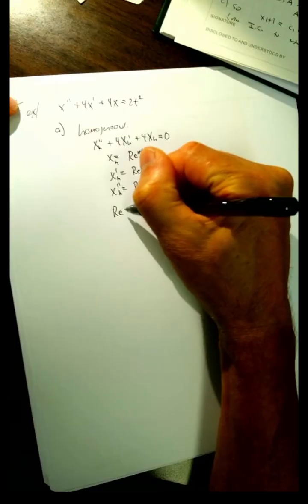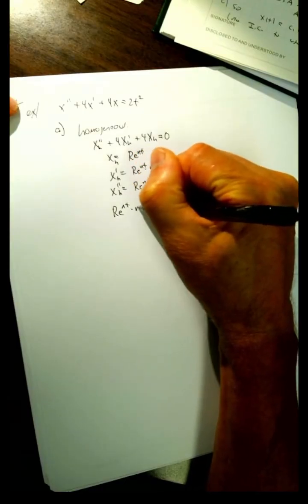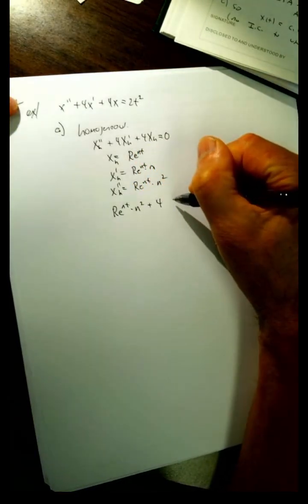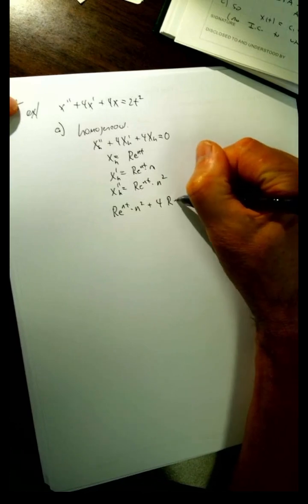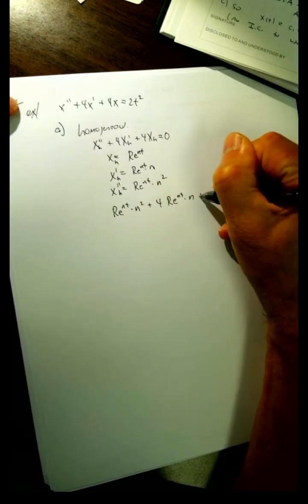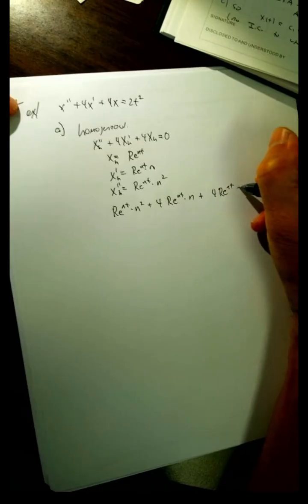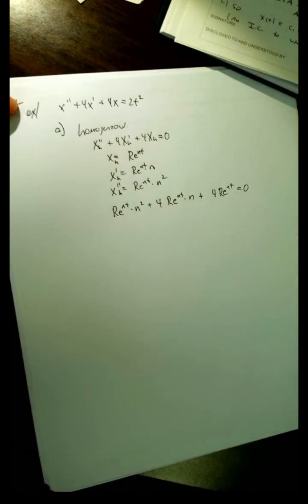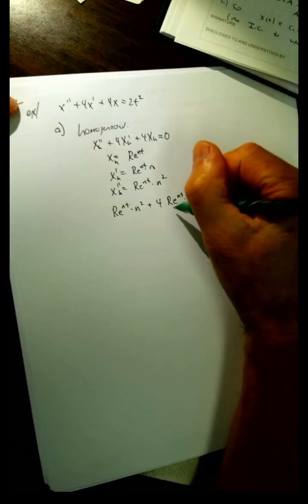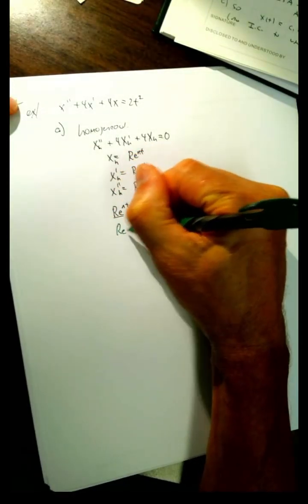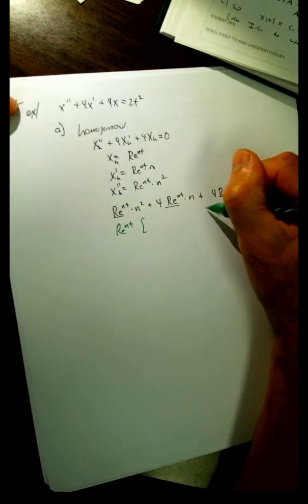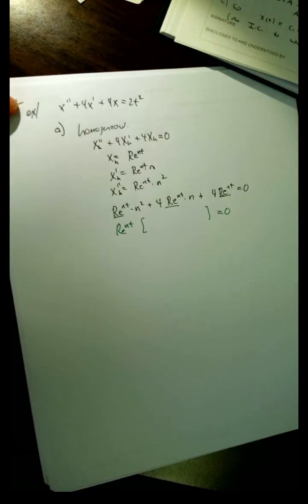X double prime is e to the nt times n squared, plus 4 times x prime is 4 times e to the nt times n, plus 4 times x is 4 times e to the nt, equals 0. Every term has this exponential function, so I can factor that out, and I know I do not want that to be 0 because that is my homogeneous solution.